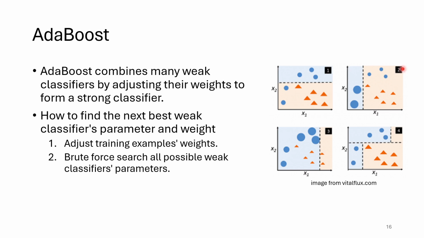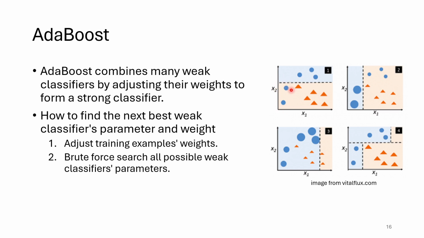How to go to the second step? Tune or enlarge the weight of wrongly classified examples. So here, from this classifier, which samples are correctly classified? These 3 blue circles and those 5 brown triangles are correctly classified.